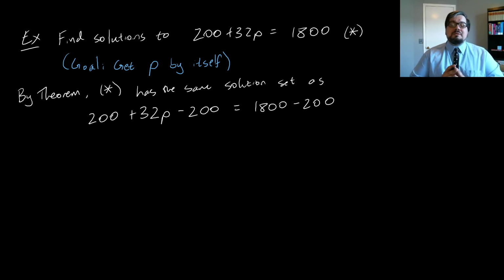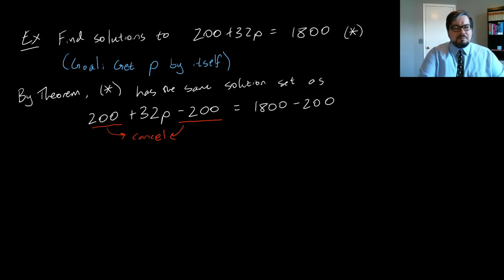Now, I could have subtracted or added anything here. I could have subtracted 10 or 100 or 1,000,000, but I wanted to make the problem simpler. And you'll notice that when I subtract 200, on the left-hand side of this equation I now have two terms which are going to cancel out. So the 200 and the negative 200 are going to cancel out with each other.